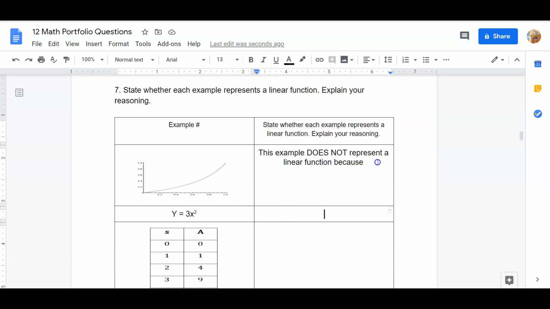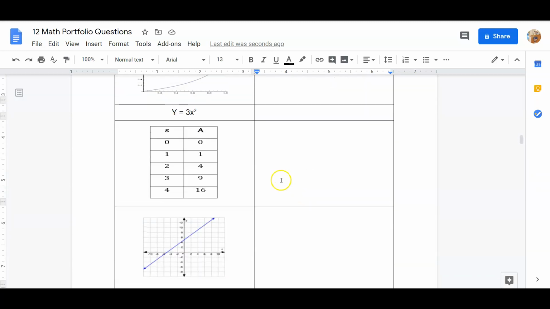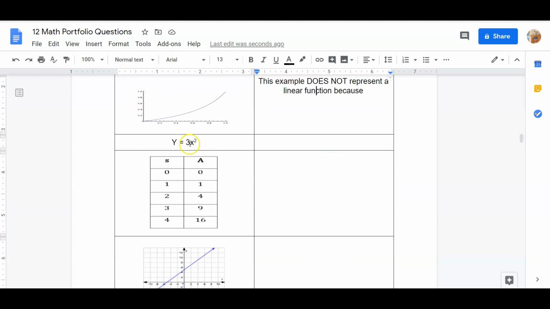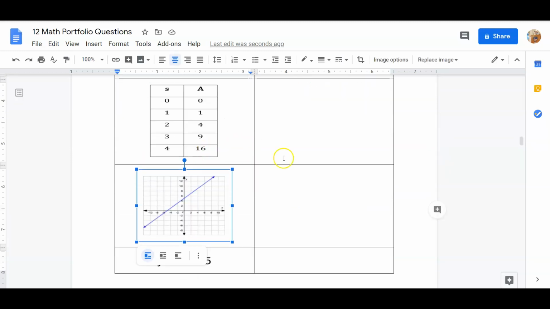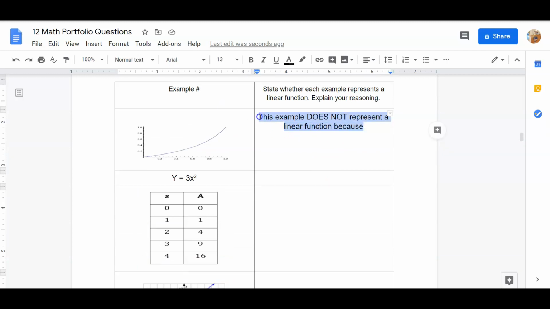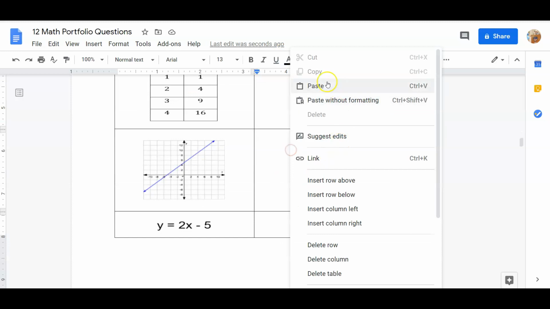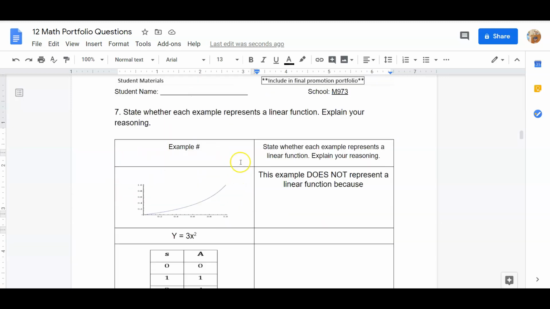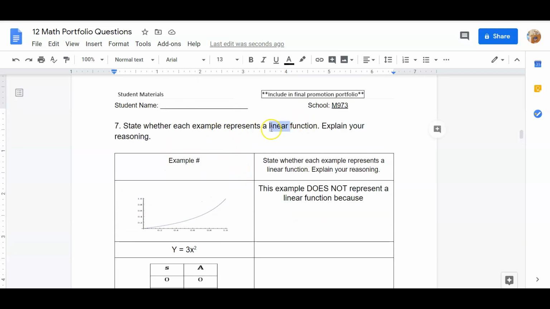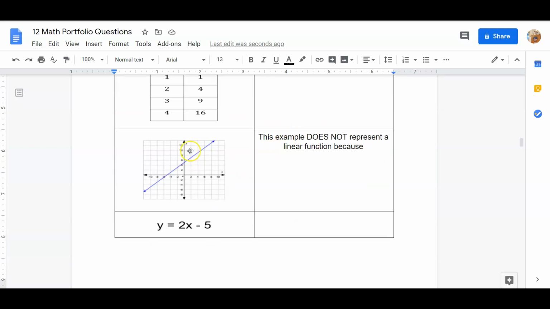Okay? So you know what I'm going to do? I'm going to go to the next one. Actually, I'm not even going to go to this one yet. I want to go to the graph since we're working with graphs. So I'm going to take what I wrote here, because that's my template, copy it, watch this, paste it, and I say, is this an example of a linear function? Well, is the line straight?